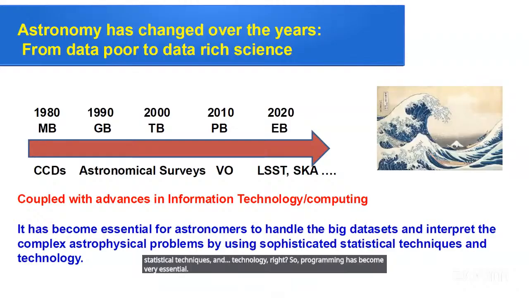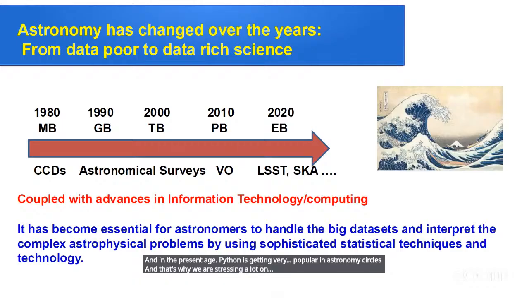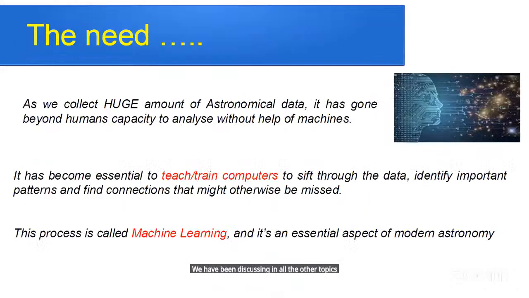In the present age, Python is getting very popular in astronomy circles, and that's why we are stressing using Python for machine learning, statistics, or whatever we have been discussing in all the other topics.